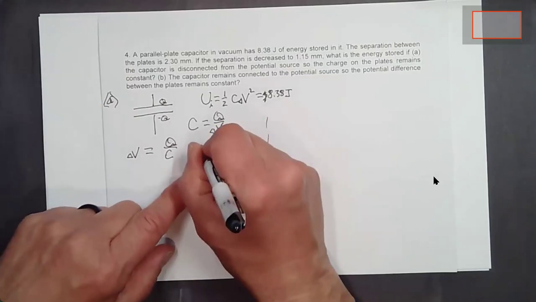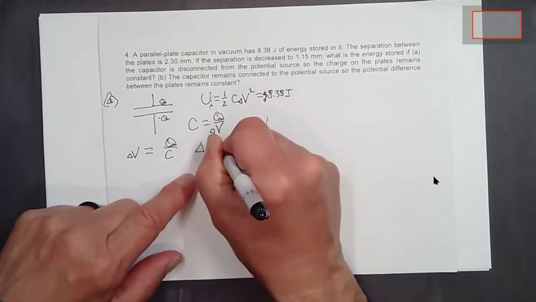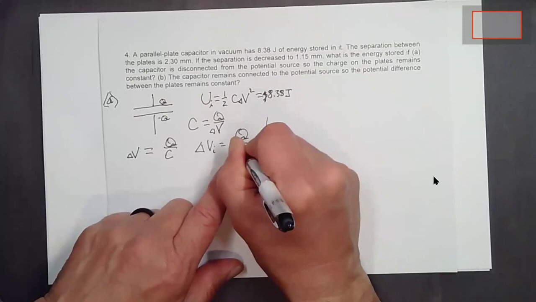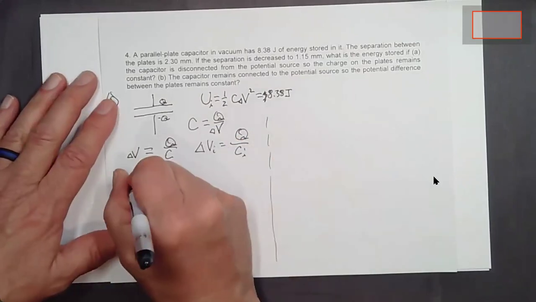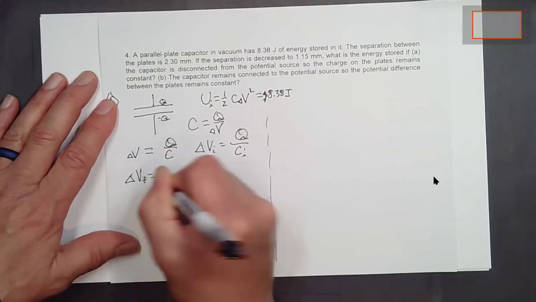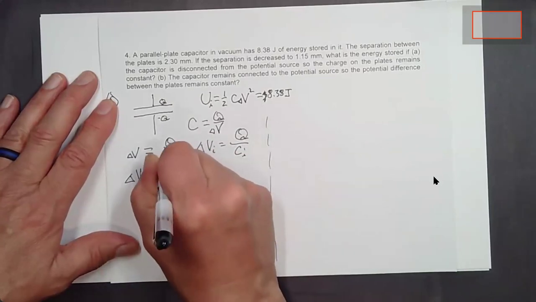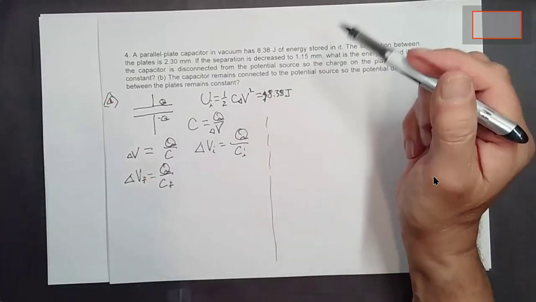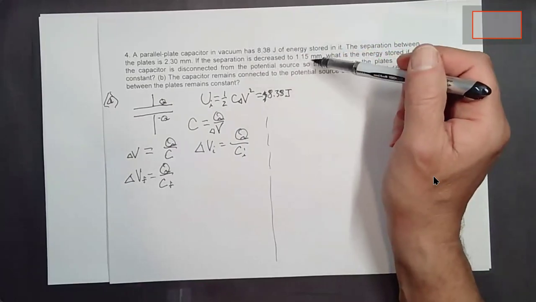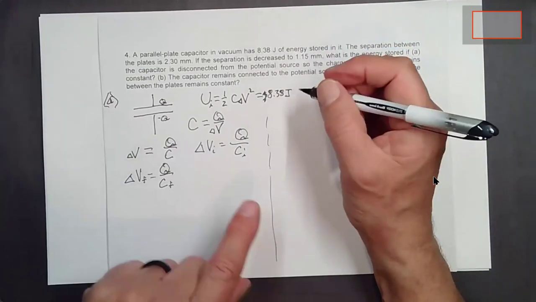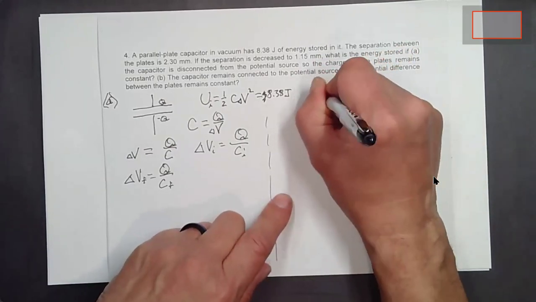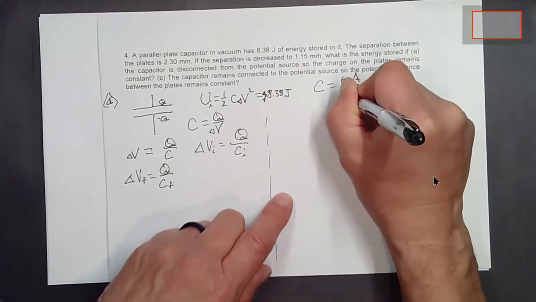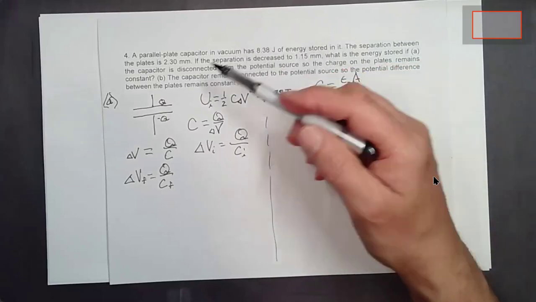Delta V initial will equal Q over C initial. Delta V final will equal Q over C final. But if you decrease the separation between the plates, the capacitance changes. C is epsilon naught A over d.